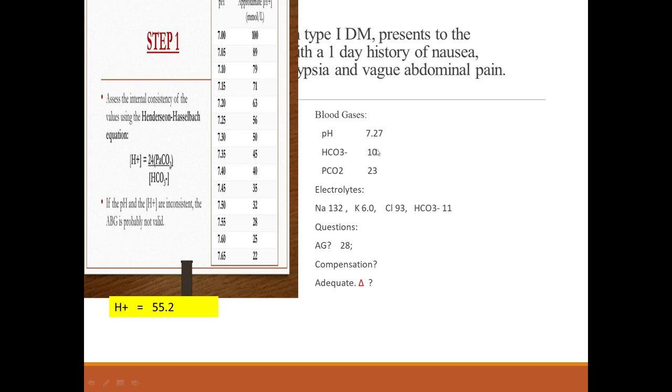Here the bicarbonate is 14 drop, so 14 times 1.2 makes almost 17 drop of PCO2 from the standard 40. So a 17 drop from 40 makes almost how much? 23. So this is adequate compensation. We can conclude this is the typical scenario of high anion gap metabolic acidosis.